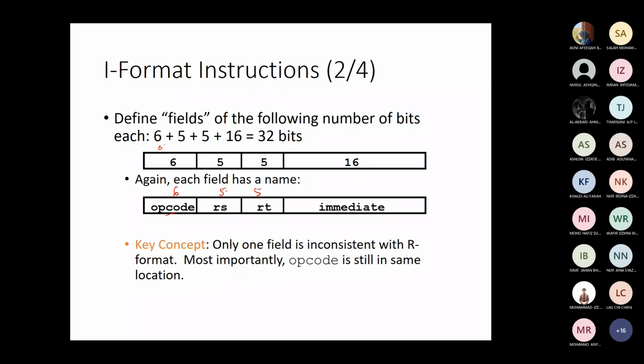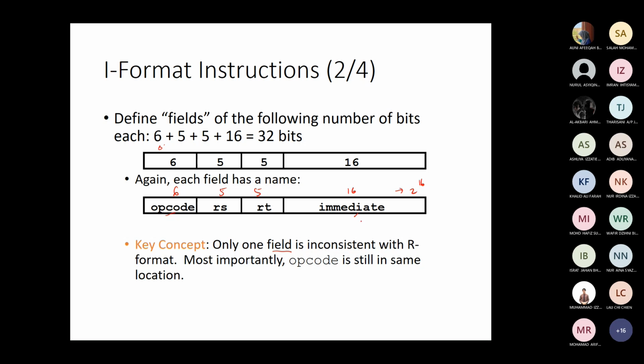So at the moment you only have 5 plus 5 is 10, 10 plus 6 is 16. So the rest, your RD, your shift amount, your function, would be combined to become the immediate, which is the size of 16. If you have 16 bits, that means 2 power of 16 values. So the key concept is that only one field is inconsistent with the R format.